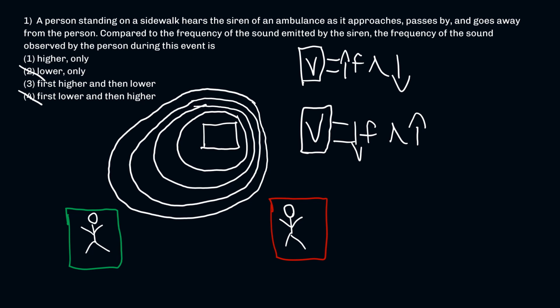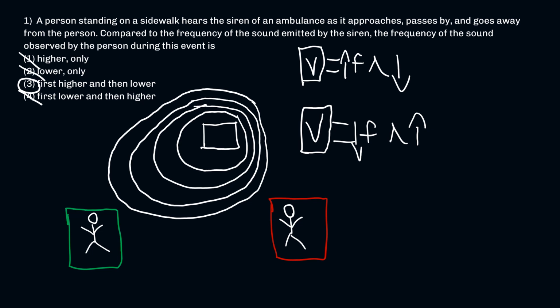So I will have first higher for my red portion, and then it's going to be lower as it goes past. So the only answer choice that shows that is going to be answer choice 3. Answer choice 1 is not enough because it's higher only, and it's going to get lower as it goes past me, so that's no good. So answer choice 3 is going to be my best answer.